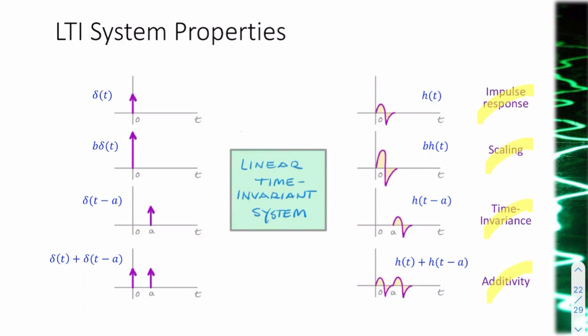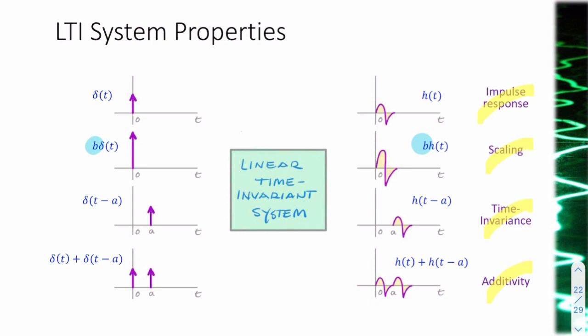So there are more properties. The first one is always the obvious one. Impulse at the input, impulse response at the output. So delta at the input, h at the output. Now, if I were to scale my input, so it's no longer a unit impulse, it's a unit impulse multiplied by b, what would that do? It would simply scale my impulse response.